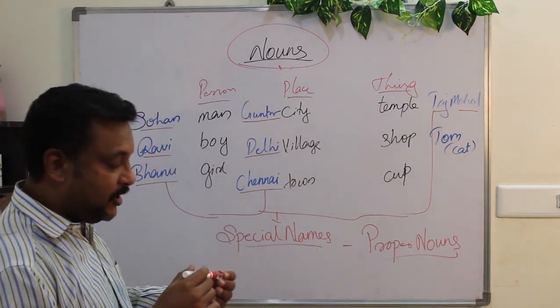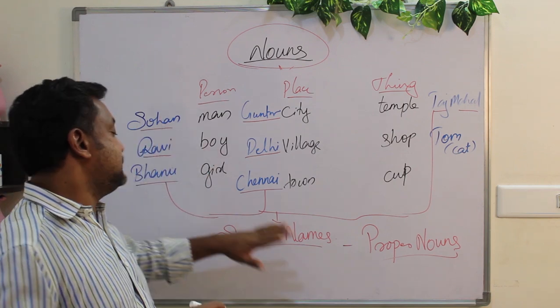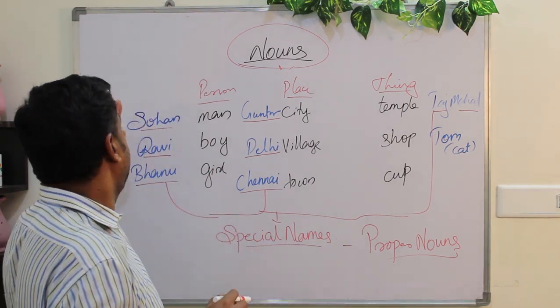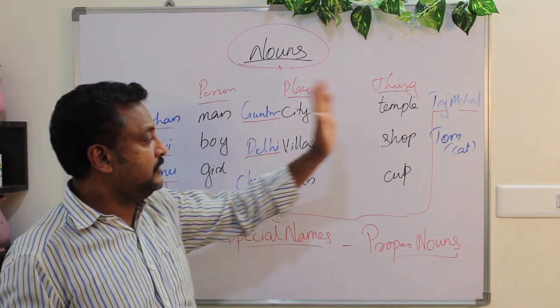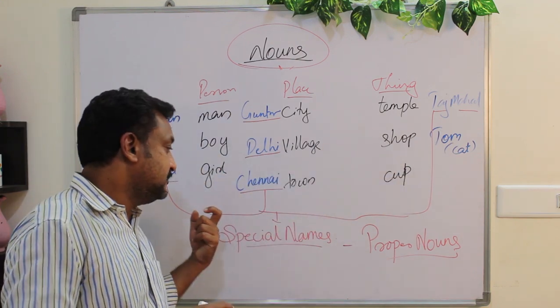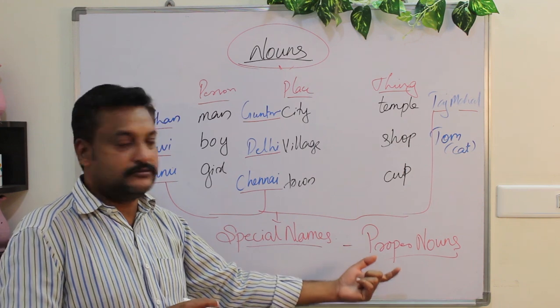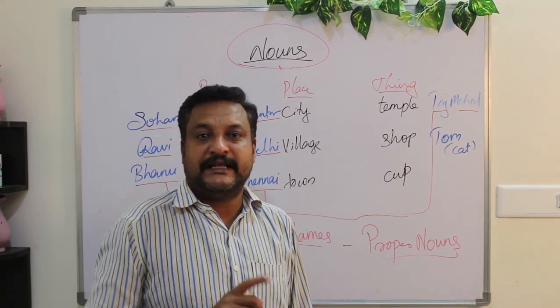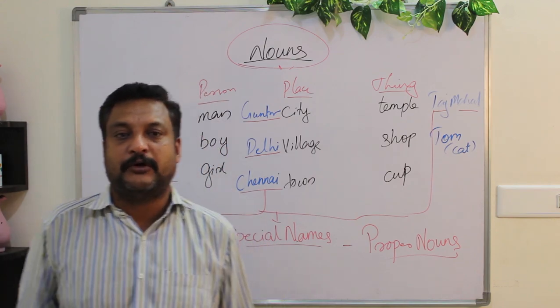What is a proper noun? A proper noun is a special name, a name of a particular person, place or thing. Now we will do an exercise related to this particular point.